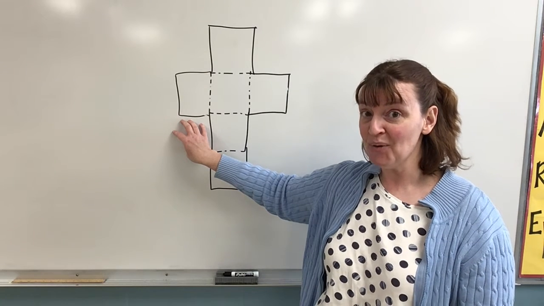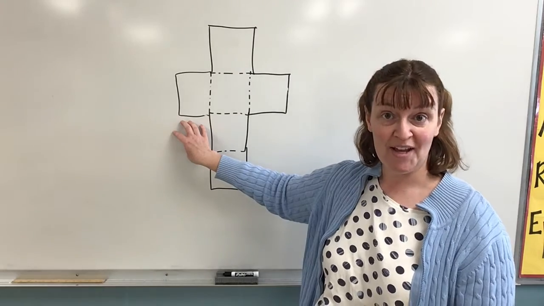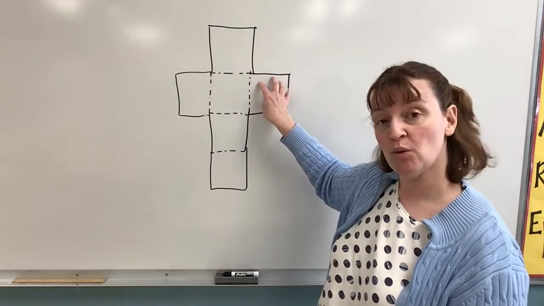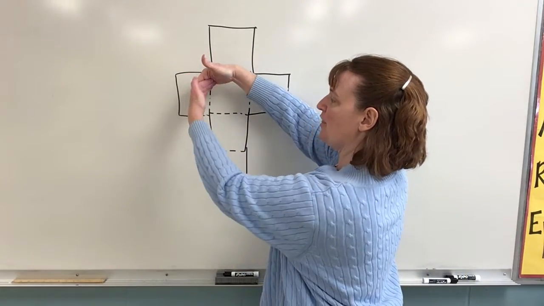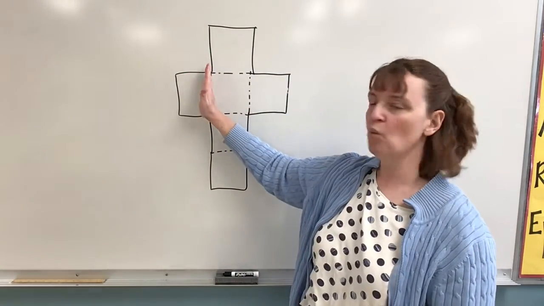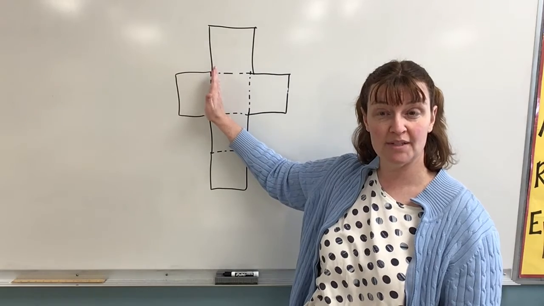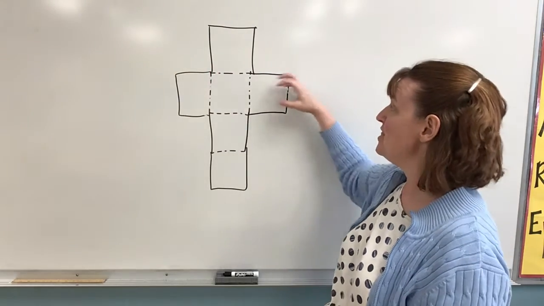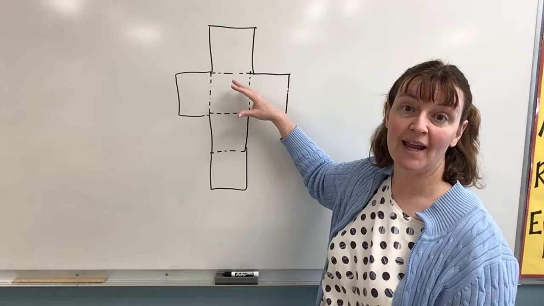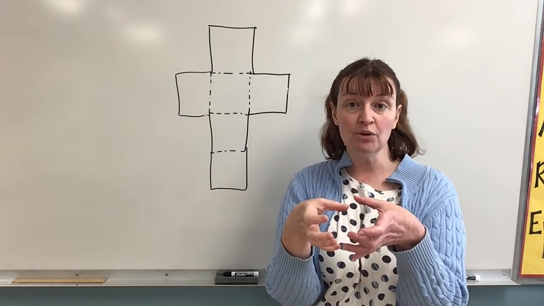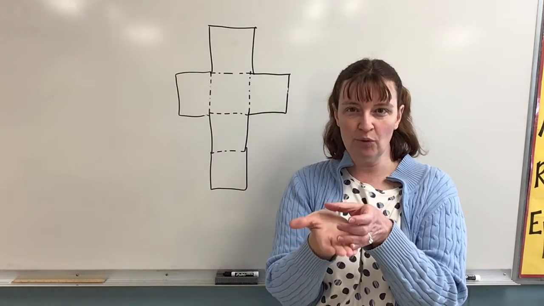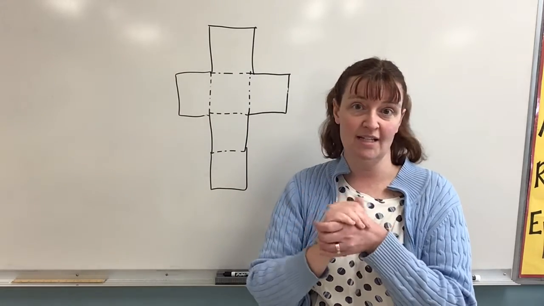The answer to that question is no, because if you put this square instead over here, when you fold this cube together, you're going to have 2 walls, like a double wall or a double side right here, and nothing over here. This side would be empty or open, which means you would have something that looked like a cube, but it would have a double fold on the bottom and it would not have any top.